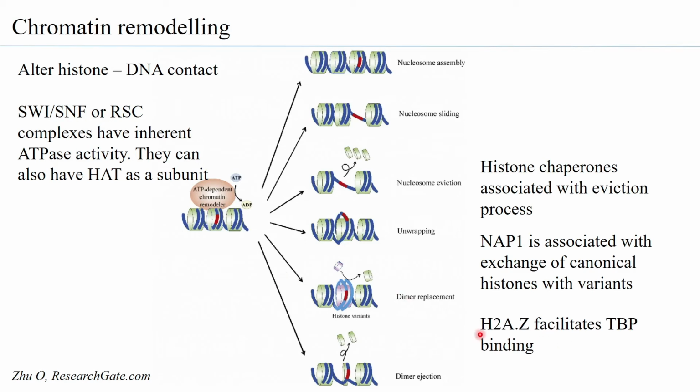Again, another example is H2AZ, a histone variant, and what has been observed is that a nucleosome made up of the H2AZ variant will facilitate the binding of the TATA box binding protein, and thereby initiate formation of a pre-initiation complex.